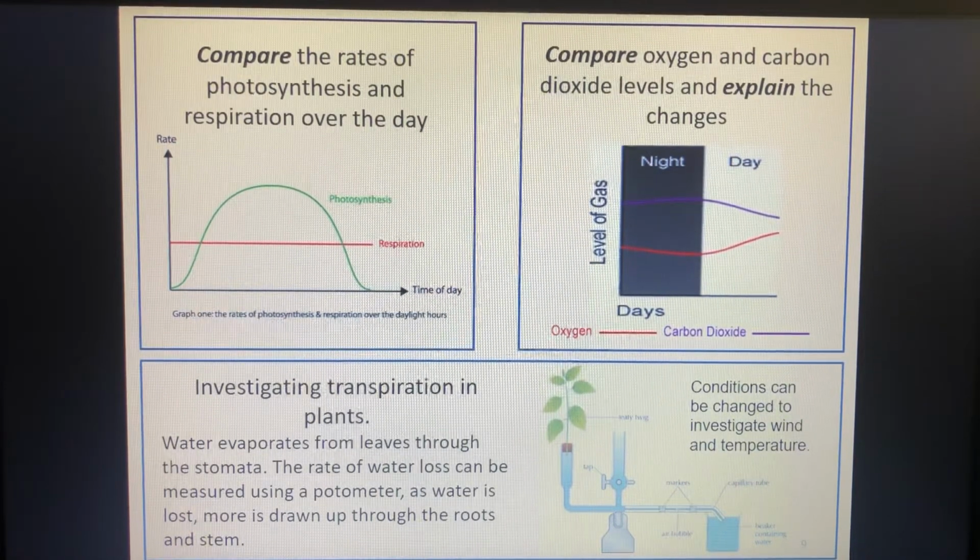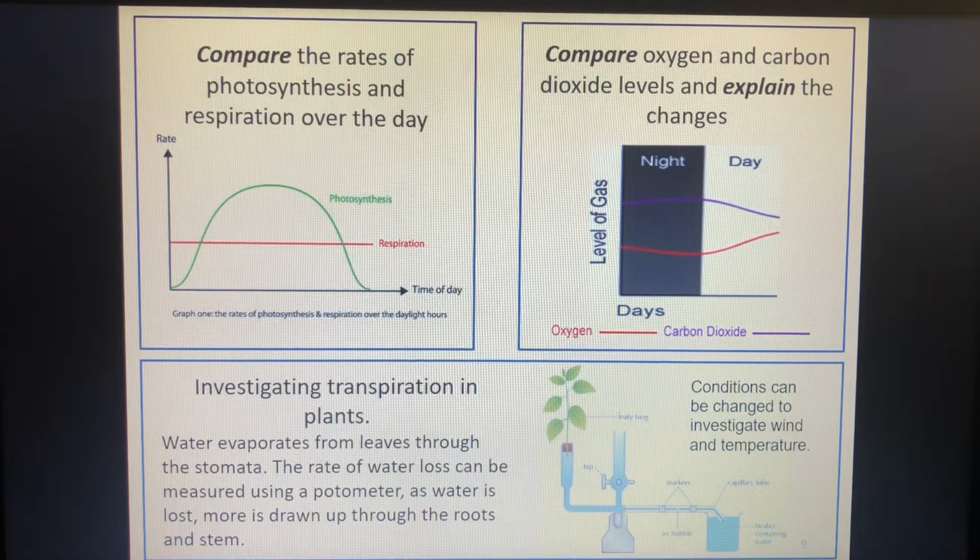So it's our way of comparing the rate of photosynthesis compared to the rate of respiration at those different points in time, okay? And that's really important to remember. Respiration constant in the plant at all times. Photosynthesis is really only taking place when we've got that light energy there for that to occur.